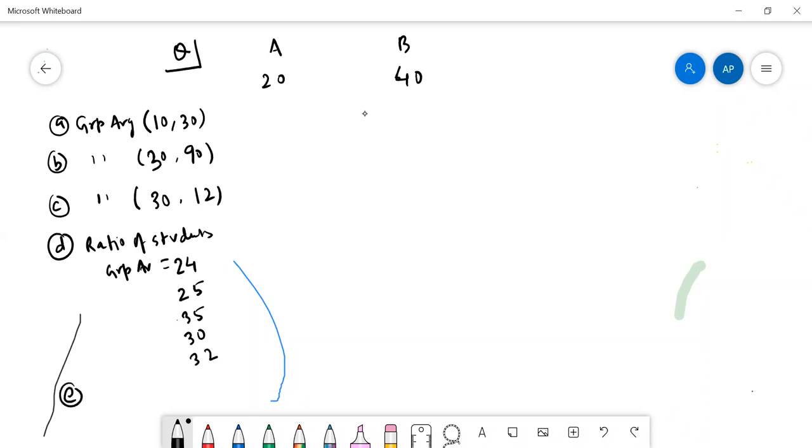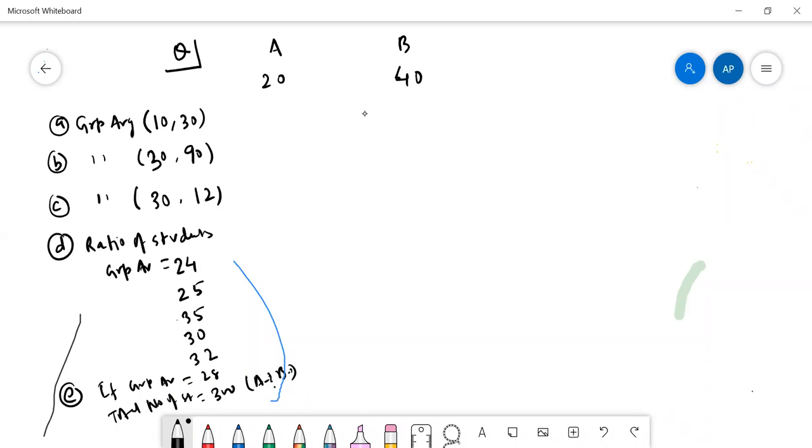E, if group average is 28 और total number of students is 300, तो A और B में कितने कितने होंगे?